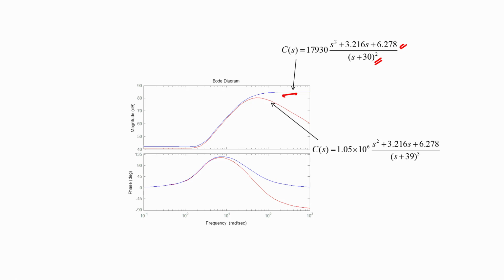In contrast, through the slight modification in the design steps that we just undertook, we have ended up with a controller whose Bode plot is shown by the red trace here, and this controller has 3 poles and 2 zeros and is hence a strictly proper controller, and we see that beyond the corner frequency of 39 radian per second, the magnitude characteristic falls down at minus 20 dB per decade, and hence this controller will have a finite gain bandwidth product and hence would also be practically realizable.